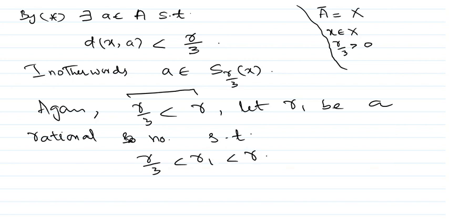If we choose such a rational number, then we can see that x is obviously in S r1 of A, and this is contained in S r of x, which is contained in G.